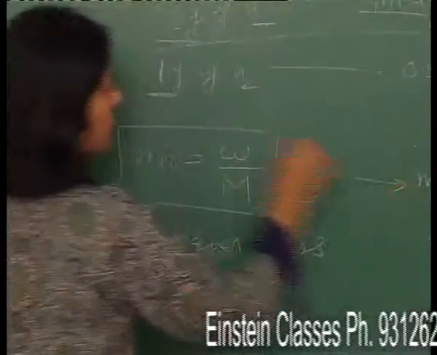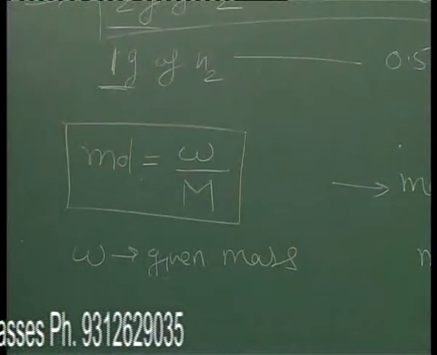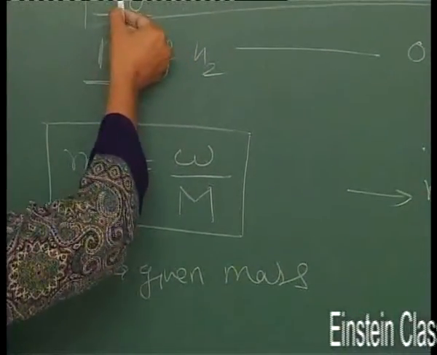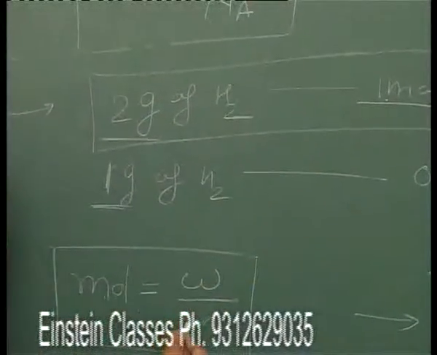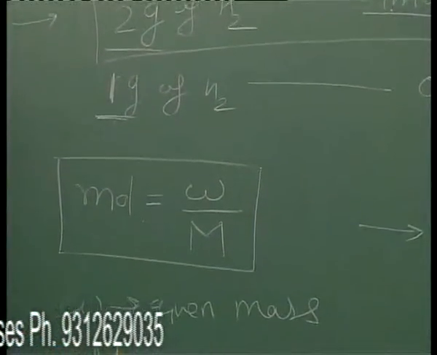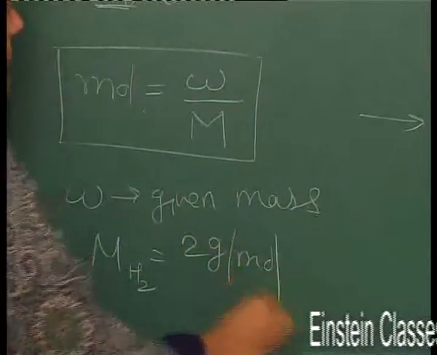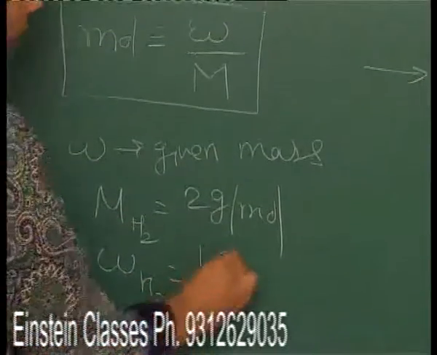We can verify these two cases with the help of this formula. In this case, 2 gram of hydrogen is equivalent to 1 mole, so the molar mass of H2 is 2 gram per mole and the given mass of H2 is 1 gram.